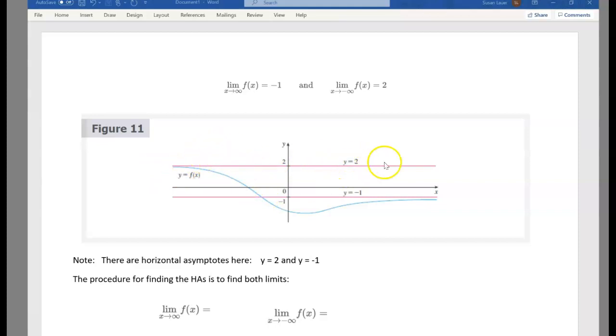So y equals 2 is the horizontal asymptote. And as x goes to negative infinity, the f of x value goes to 2. The y value goes to 2. So there are horizontal asymptotes here, y equals 2, y equals -1. We find those by finding the limits at both infinity and negative infinity.